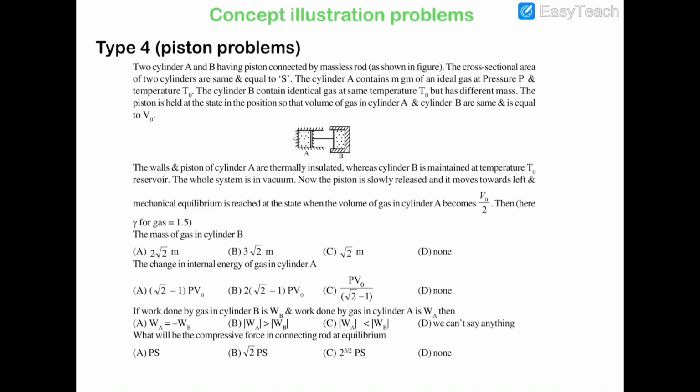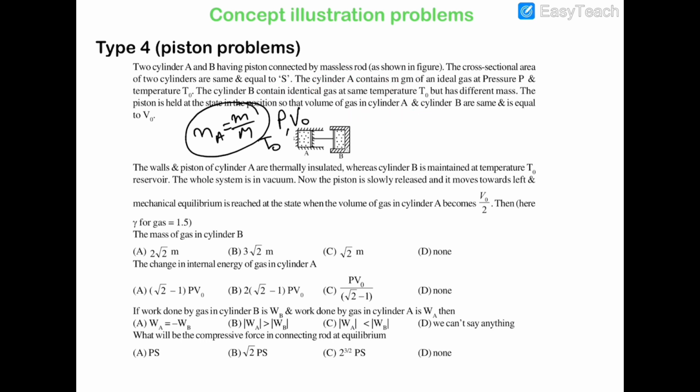Then we have to find out the mass of gas in cylinder B. First of all, let us see that the pressure of the gas in cylinder A is initially P, volume is V naught, and temperature is T naught. And the number of moles in A is obviously m upon M, where small m is the mass given.